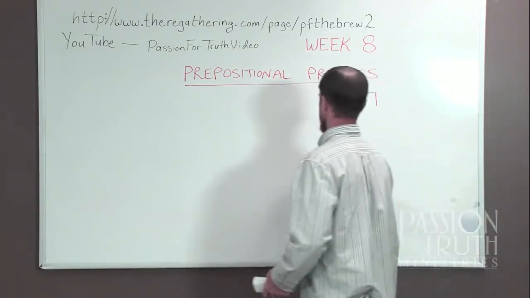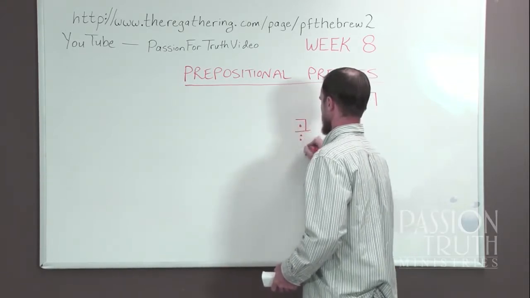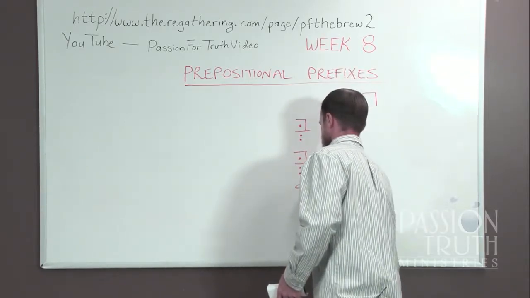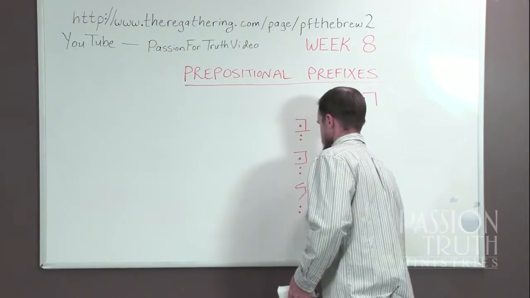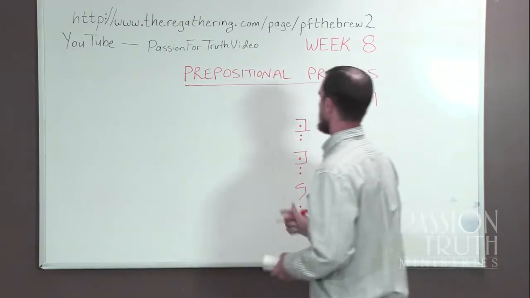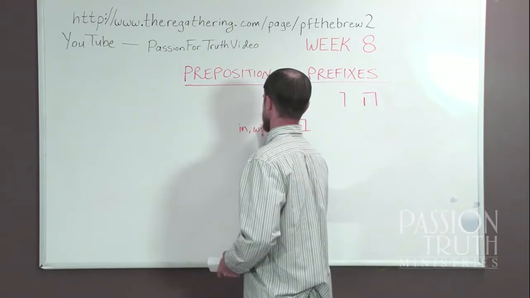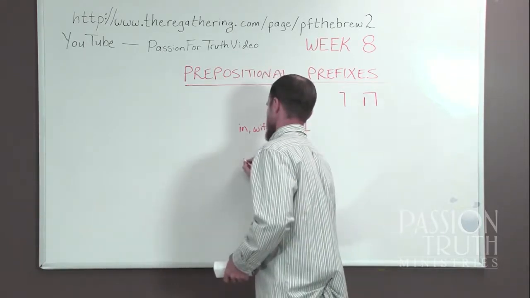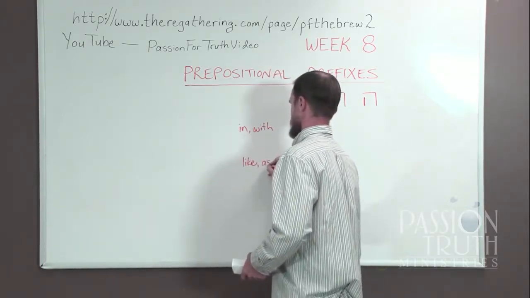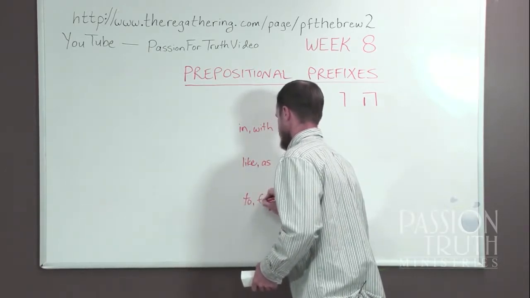And last week we went over the bait prefix, the kaf prefix, and the lamed prefix. All right, and bait as a prefix means in or with. Kaf as a prefix means like, as, similar to, and lamed as a prefix means to or for.